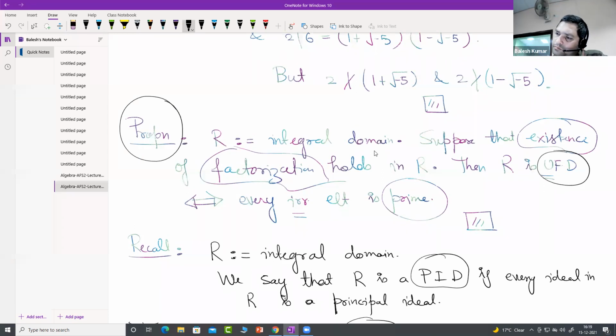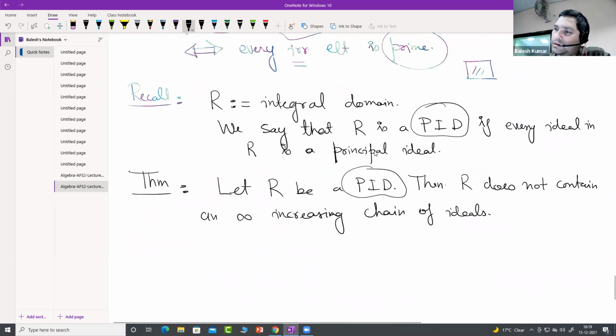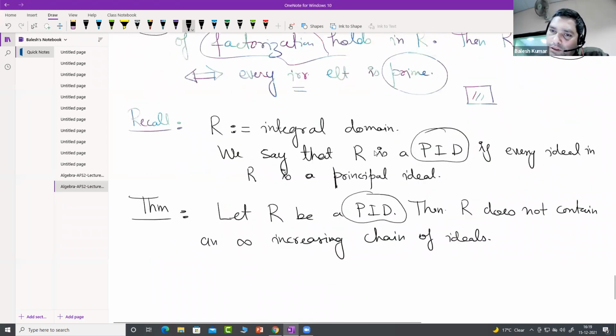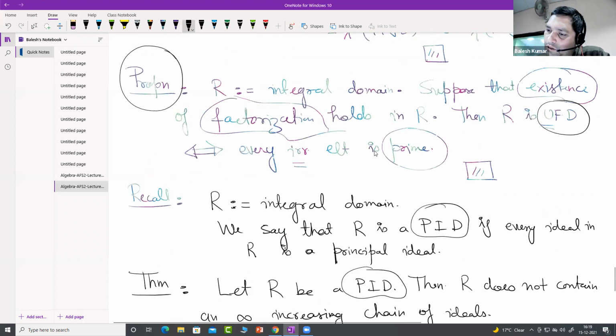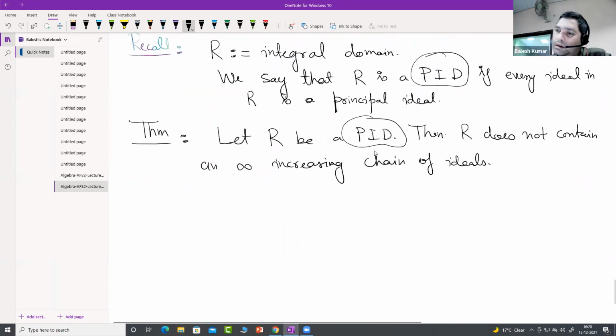I will write that as a separate theorem, but this was a quick overview of the use of this theorem. Let us try to prove this theorem.